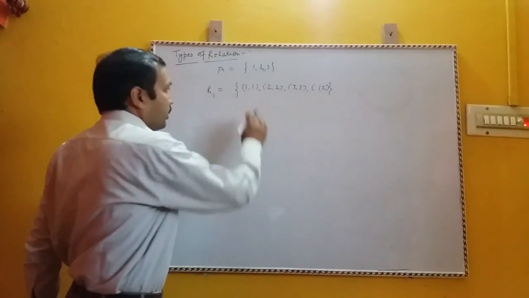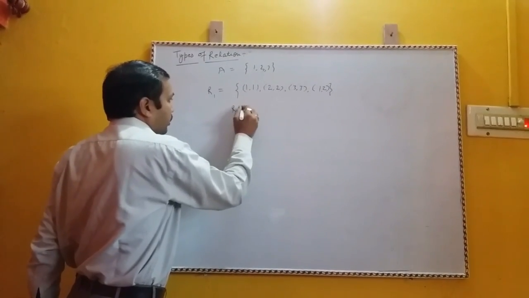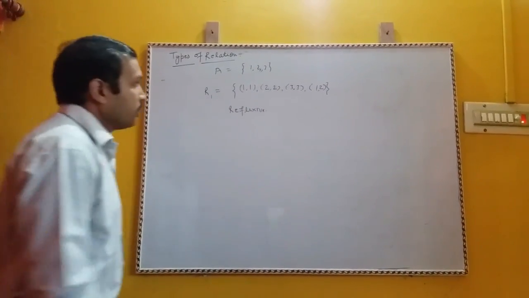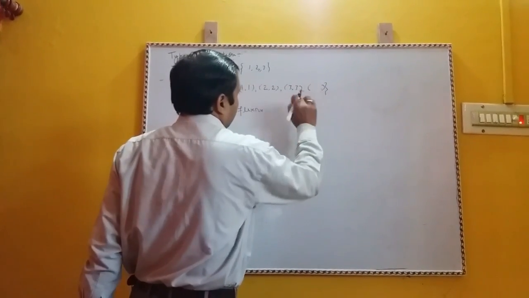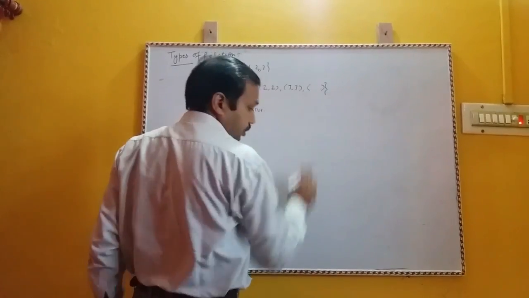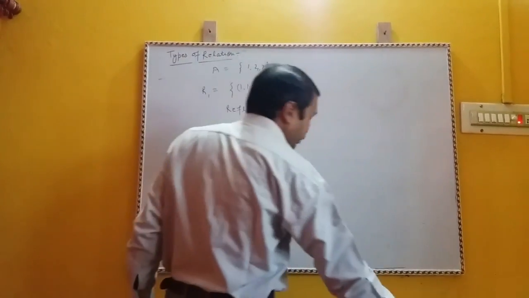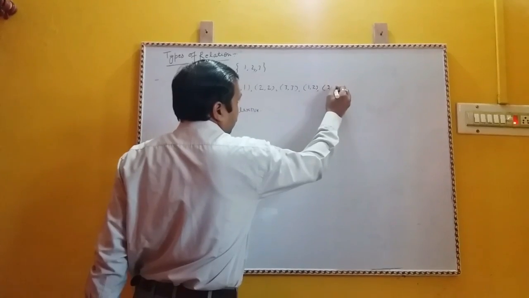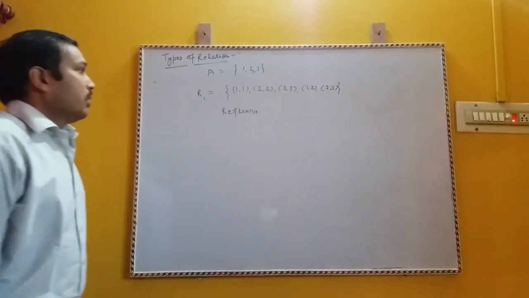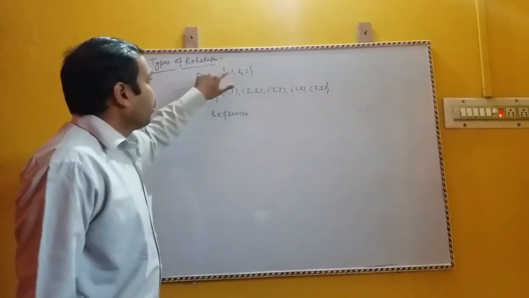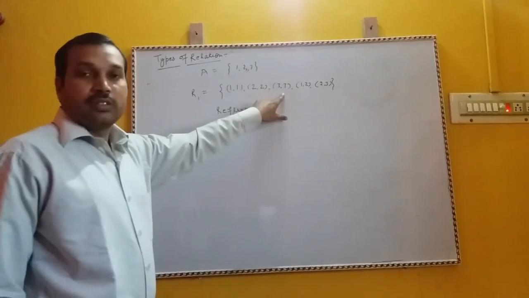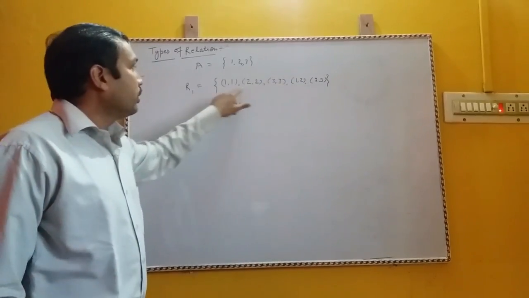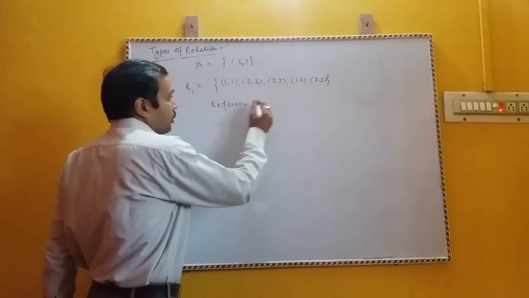We have seen this example is reflexive. Now we can see that this relation is reflexive, since all the elements 1, 2, 3 have mirror image, but it is not symmetric since there exists the element (1, 2), but (2, 1) does not belong to R1, so it is not symmetric.